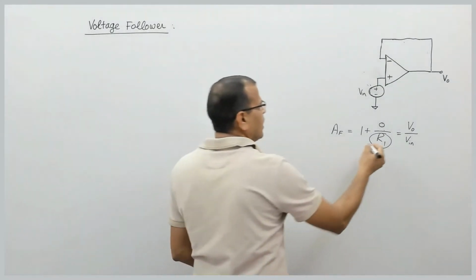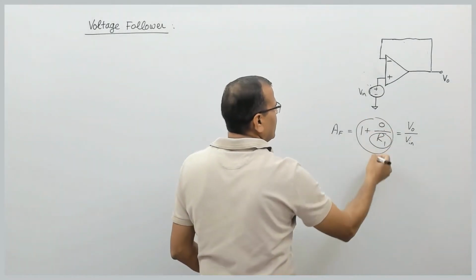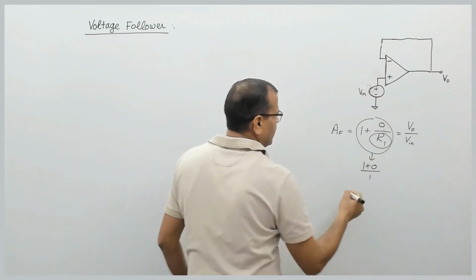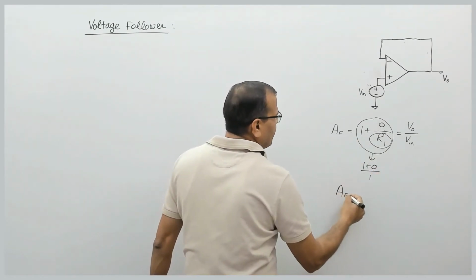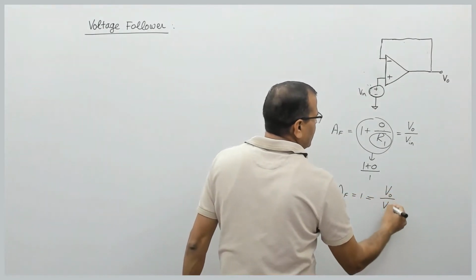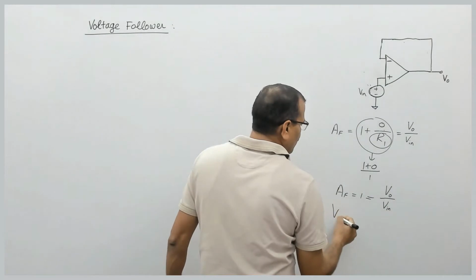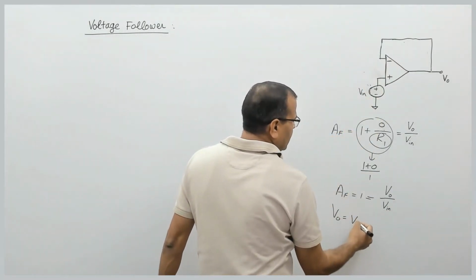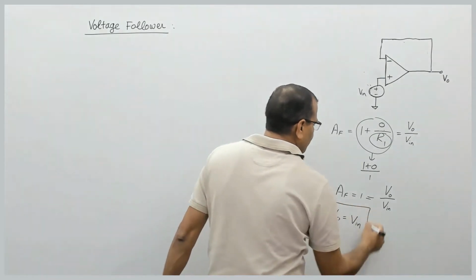So the gain of this amplifier is nothing but 1 plus 0, and that is nothing but 1. It means the gain of this amplifier is 1, the ratio of output by input. So the output voltage of this circuit is the same as the input voltage.